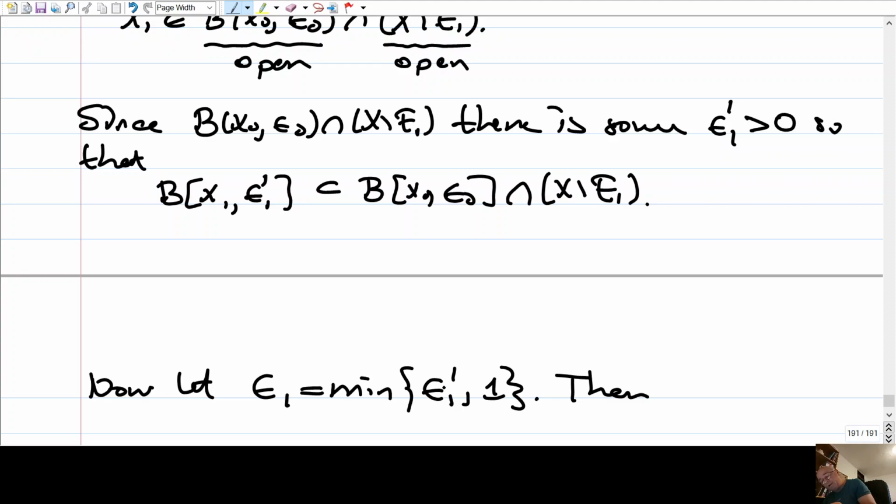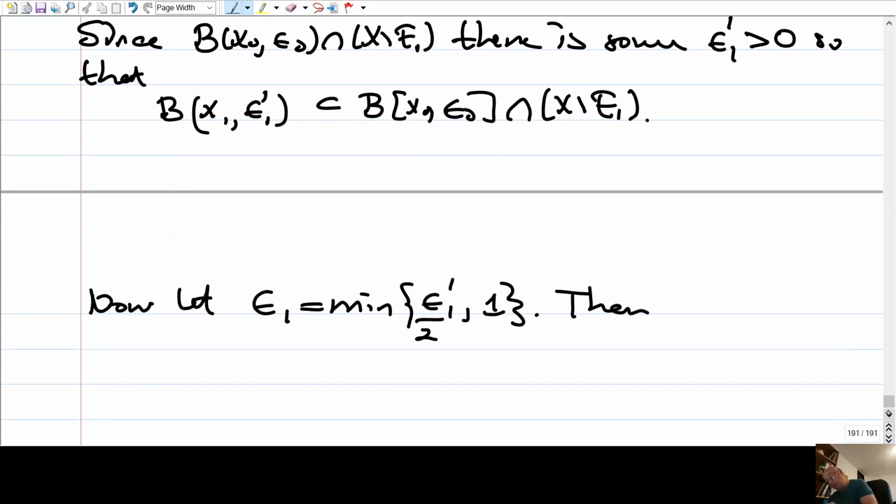Since epsilon 1 is already less than this, this ball, not open ball, this is closed ball, epsilon 1 prime over 2, let me choose.